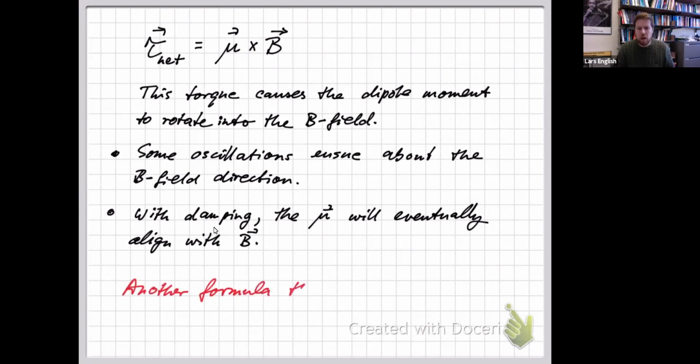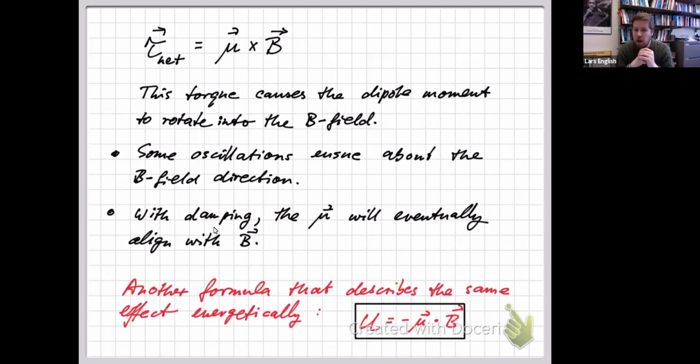Another way of describing that same phenomenon is energetically. We can say the magnetic moment mu wants to align with the field, meaning that its energy is the lowest in that configuration. We can lower the energy by rotating into the field.